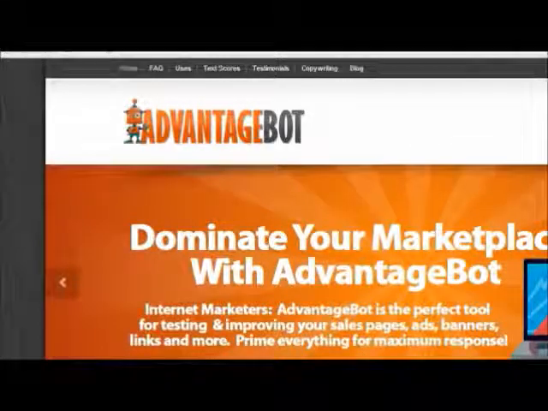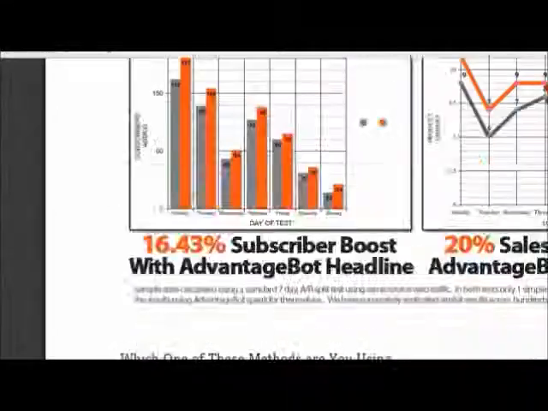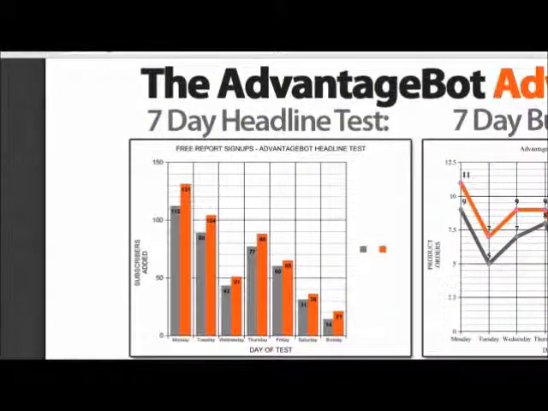And what AdvantageBot does is this. It's a software that has taken a lot of data, and it's really cool because all you have to do is enter your blog title or your headline or your subject headline, put it into the software, and it analyzes the title, compares it with the data that it has, and tells you whether the title is good or not.